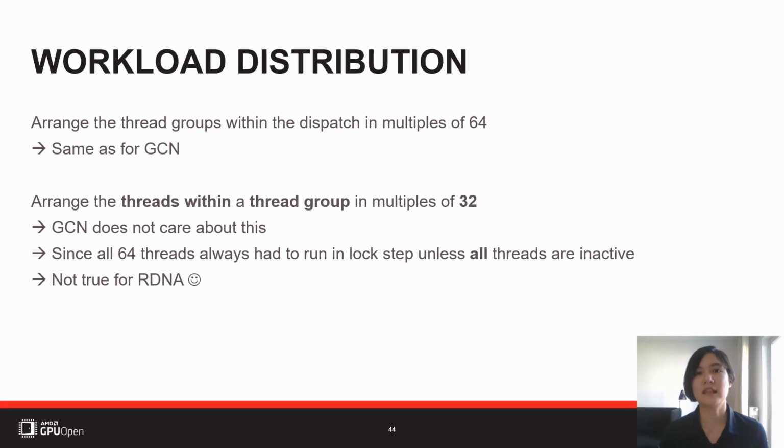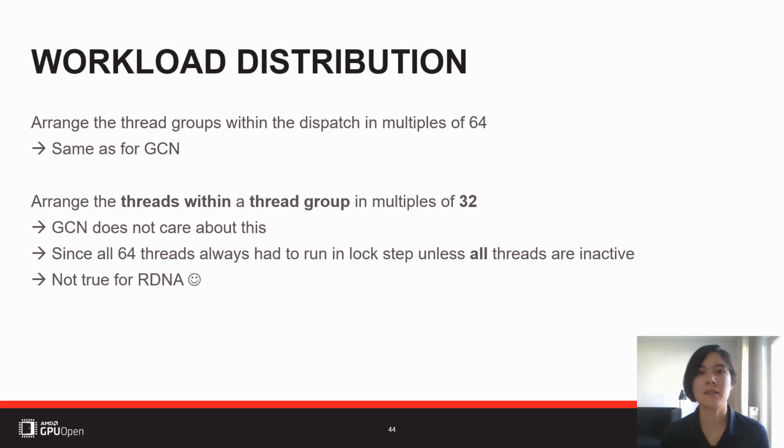In GCN, that was it. But on RDNA, it's really important that you group your active and inactive threads together, because you can deactivate a larger group of threads if some conditions are met. On GCN we didn't care about it at all.